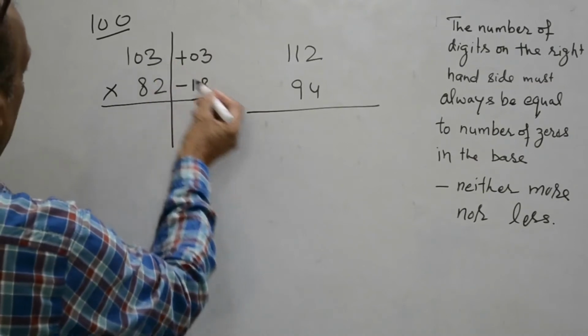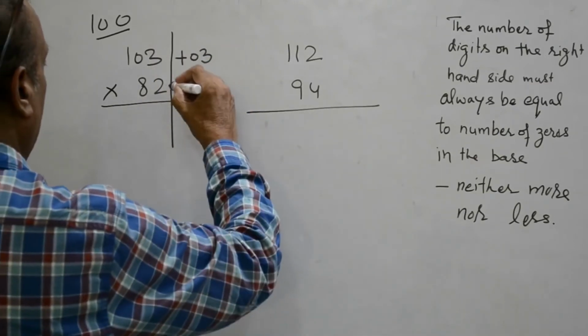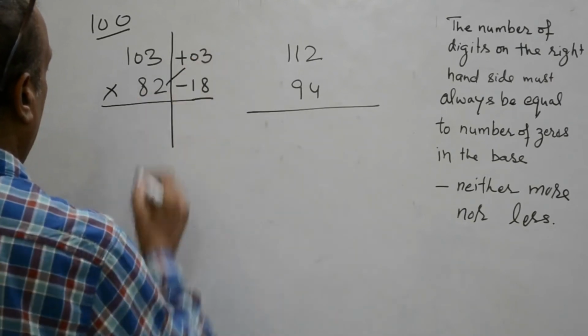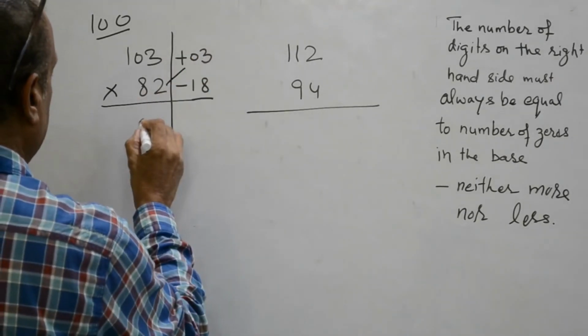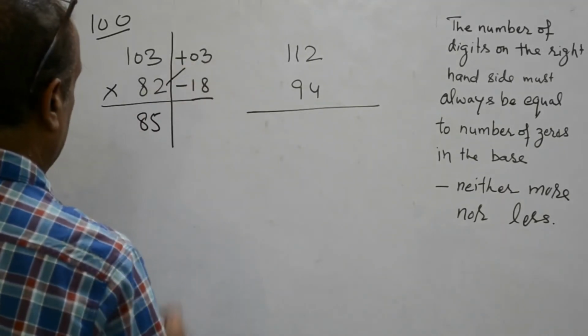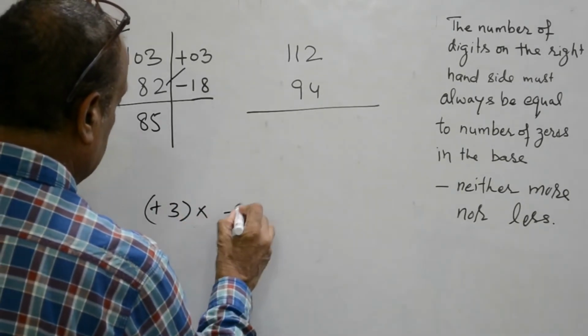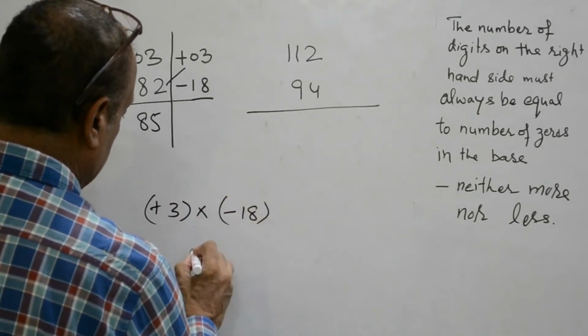Now we can do the addition on either of these numbers, so this is easier. So 82 plus 3, it is 85. When we multiply plus 3 by minus 18, we get minus 54.